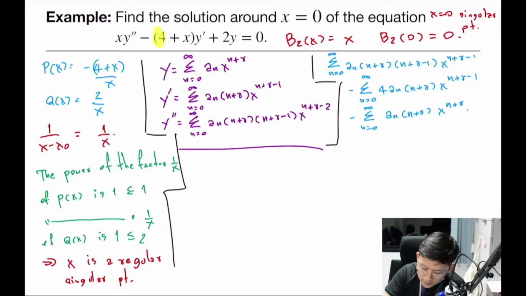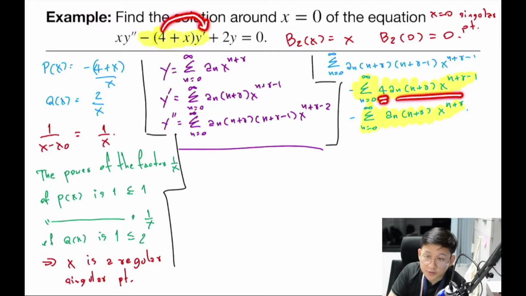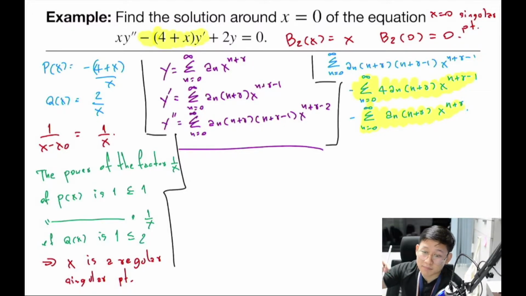This part is actually these two lines. I first multiply 4 to y prime, so I get this 4, and this is y prime. After that I multiply x to y prime, so instead of x to the n plus r minus 1, I get x to the n plus r because it multiplies x, so n plus r minus 1 plus 1 is n plus r.